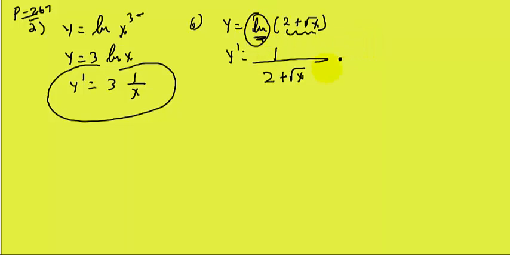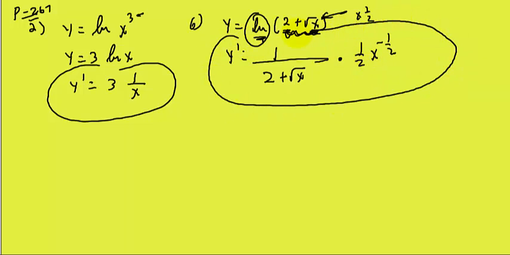The derivative of ln is 1 over whatever this garbage is, times the derivative of 2, which is just 0, and then the derivative of square root of x, that's really x to the 1/2, so it's going to be 1/2 x to the negative 1/2. You can leave it right there, or you can simplify it. You don't have to.